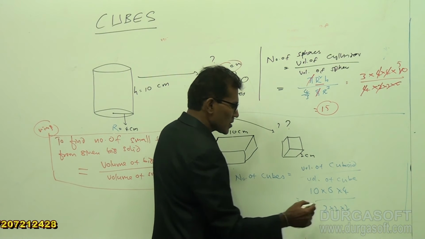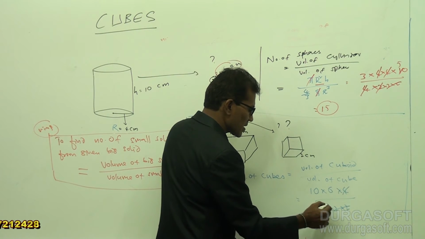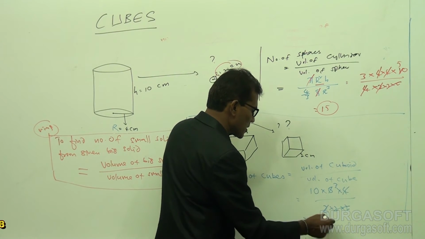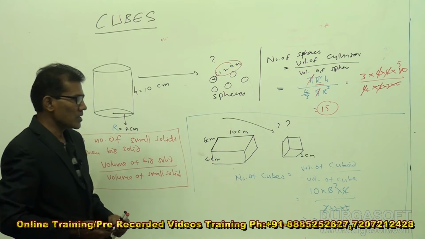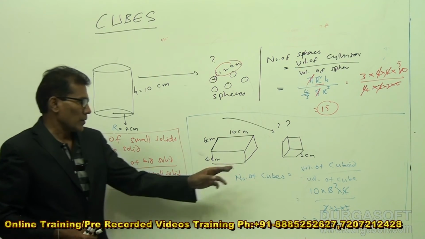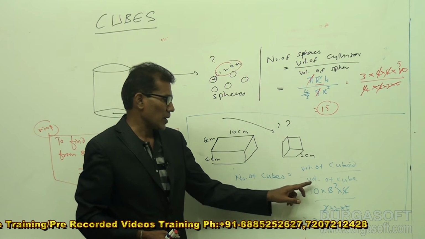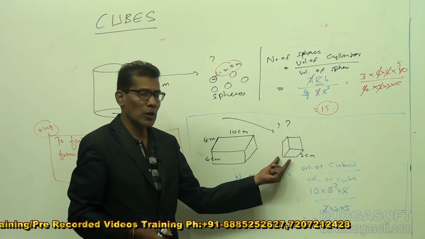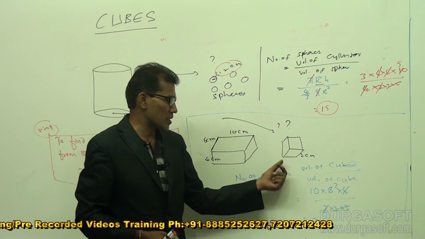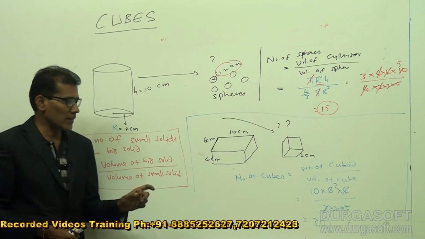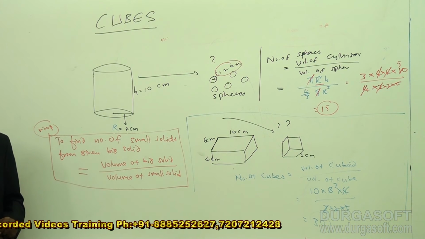Then on the cancellations, 2 to the 4 gets cancelled and 2 3 times, it is 10 into 3, 30 cubes we get. Volume of the big solid divided by volume of the small cube gives the number of small solids, that is number of cubes which are cut from a cuboid. Given cuboid is 30. We can cut 30 cubes from the given cuboid.